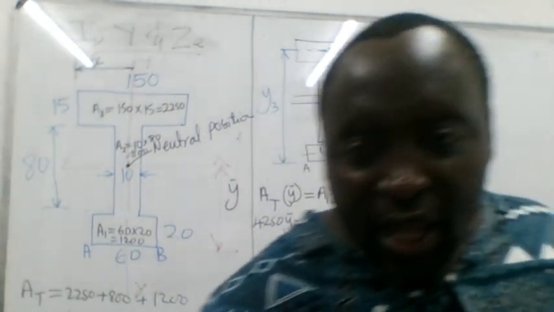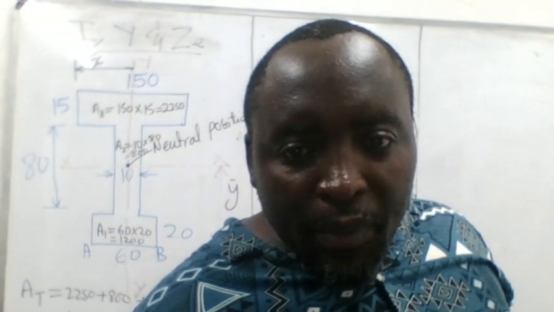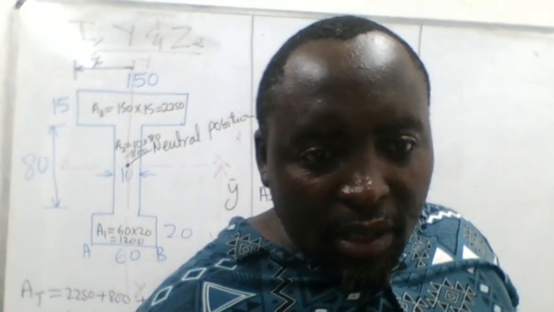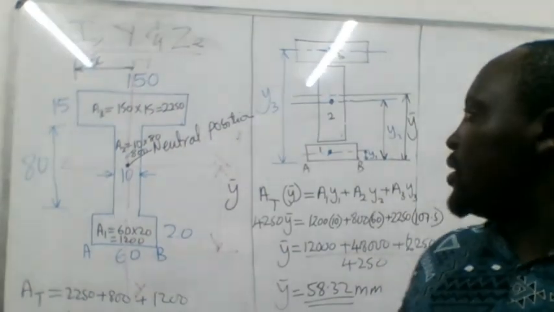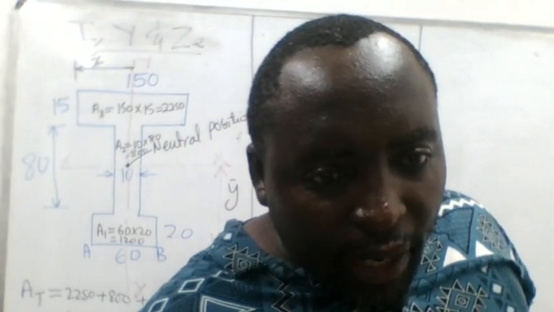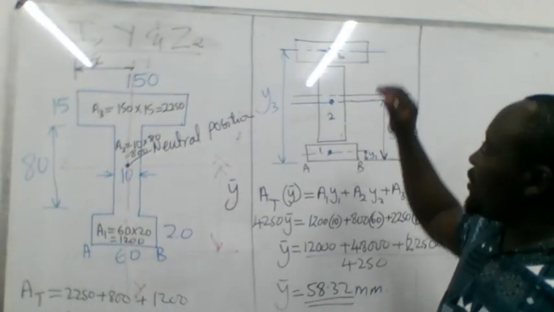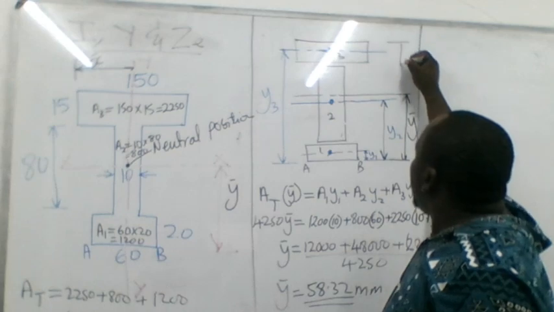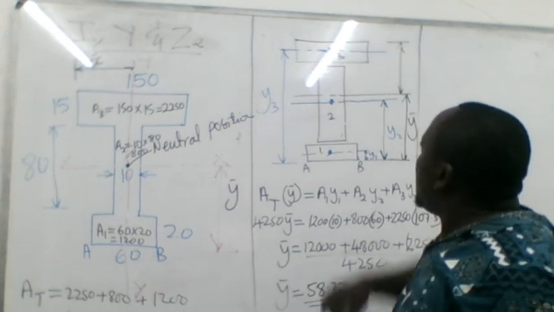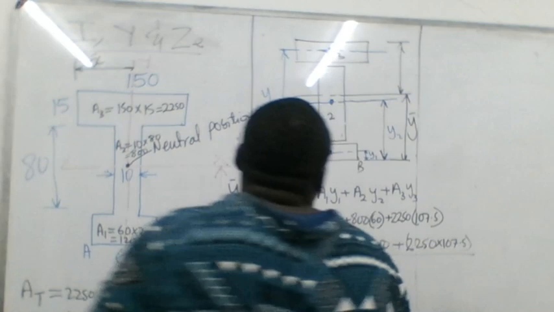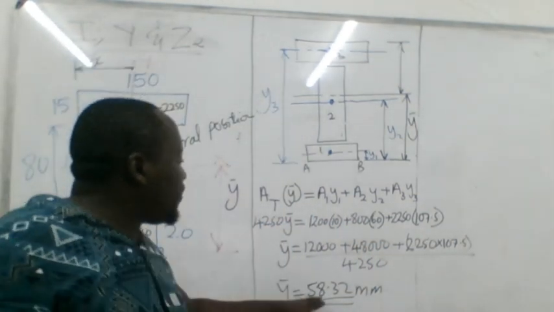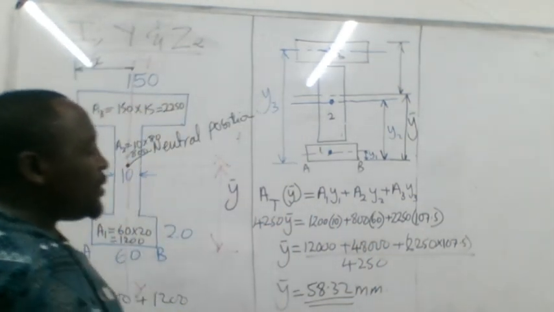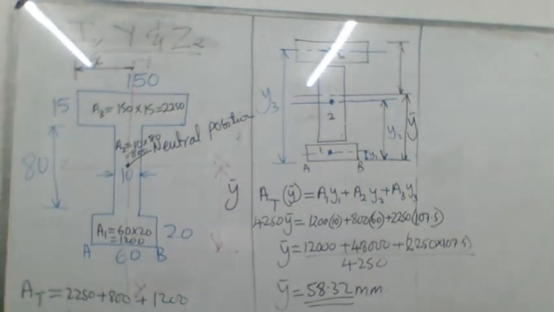So if we say minus 115, then it gives you the number on top. So our Y bar is 58.32. That is our Y bar.